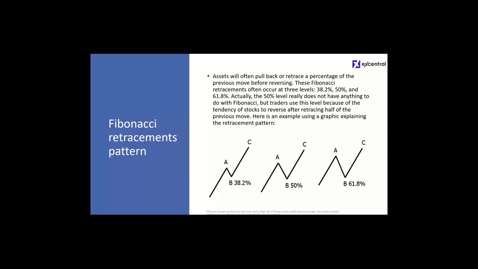Now, if we were to take the three primary numbers. Remember I told you earlier, 50% is a retracement level that came from Dow theory. Now, what we're talking about here is that the basis of Fibonacci and the basis of understanding trends and price movement is that when an asset is moving up or down, it will tend to retrace a certain portion of its previous move.